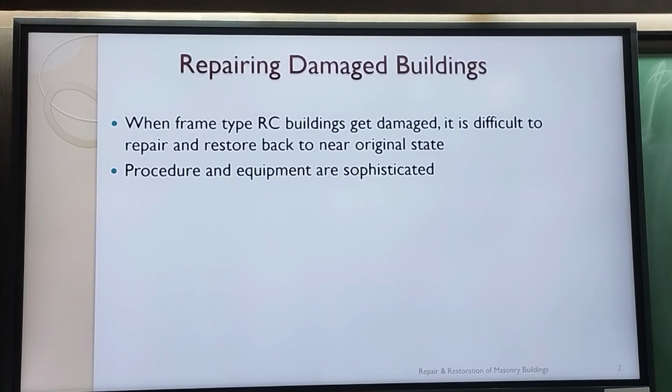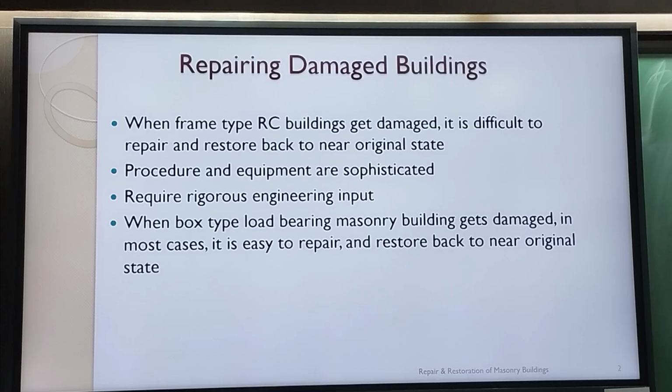The kind of procedures and equipment involved are pretty sophisticated, and it requires rigorous engineering input. On the other hand, when you have a box type masonry structure, it's relatively easy to bring it back to almost the near original state which was there before the damage occurred.